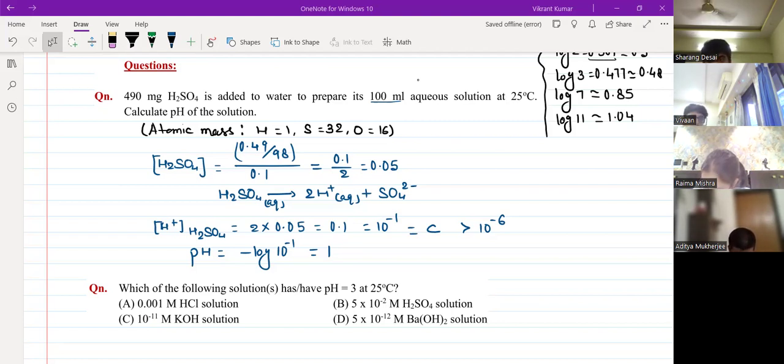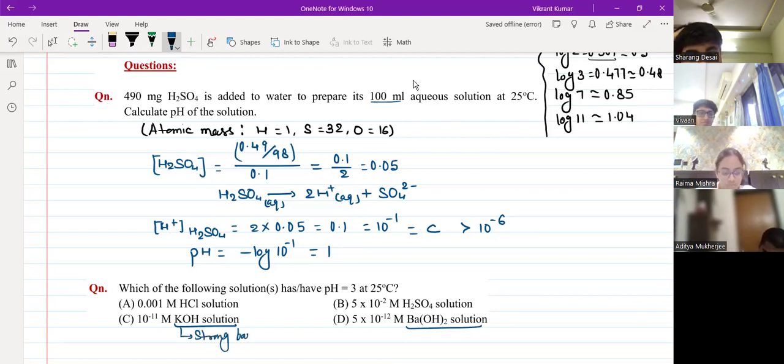Okay, tell me which options should be directly rejected, that we should not even check. Which options can be directly rejected? Okay, Vivan, C and D. Why C and D? These are strong bases, है ना?